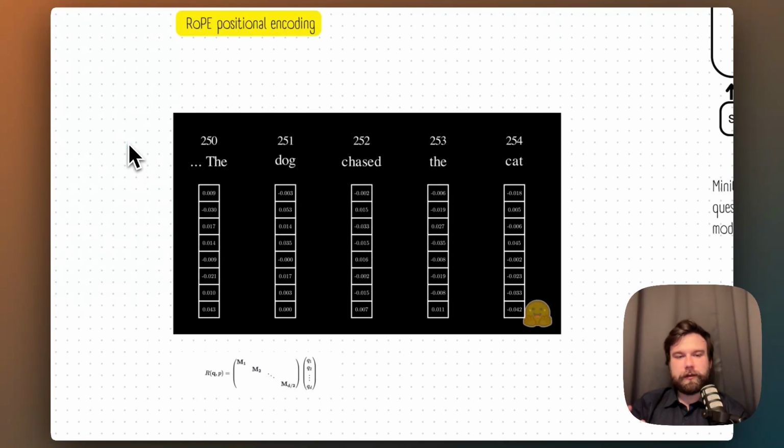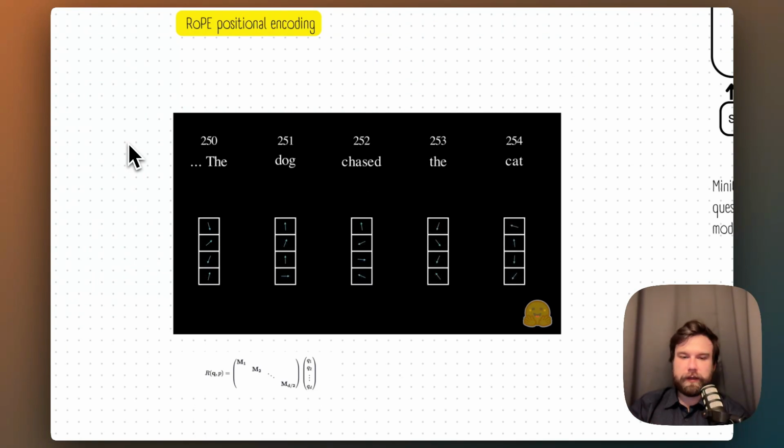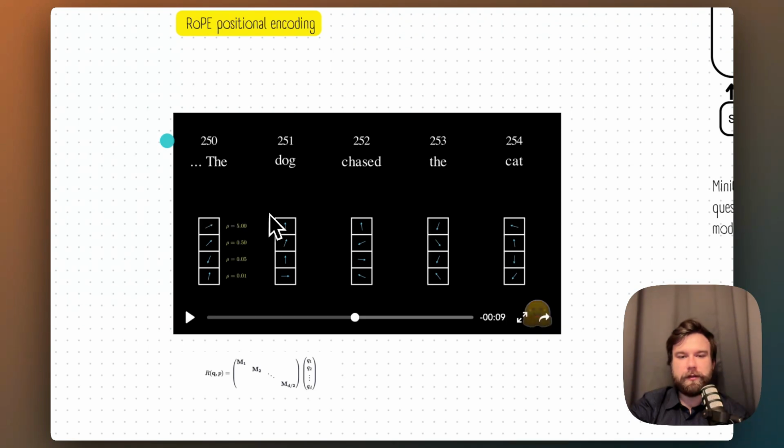So we have the standard word vectors, right? And we can represent them as vectors, so as an arrow with direction and length. And the way RoPE works, it adds the sense of time, let's say, to the input, because a standard transformer processes everything at once. So it has no notion of what word was first, what word was last, what is the order of the words. And there are many ways to give the model the notion of time, of order of words.